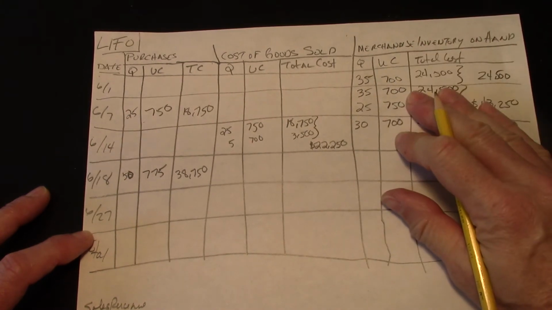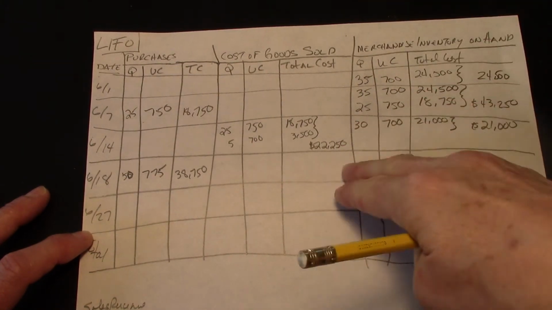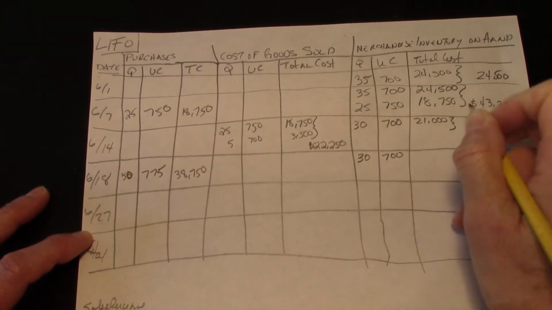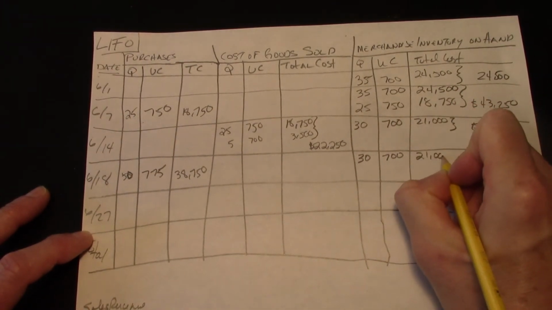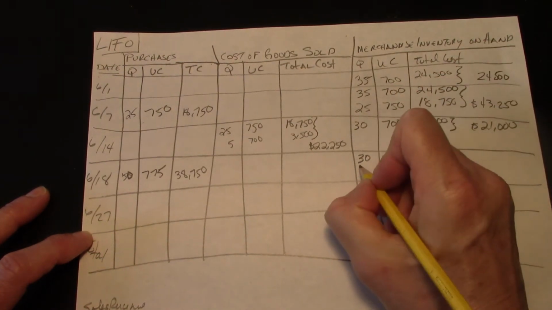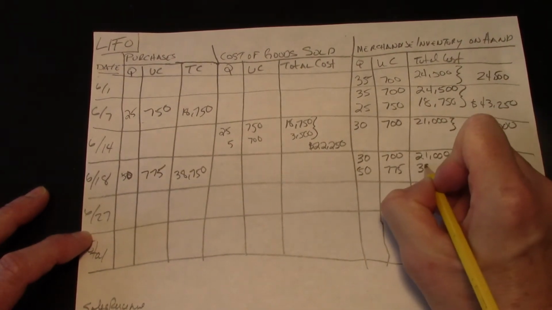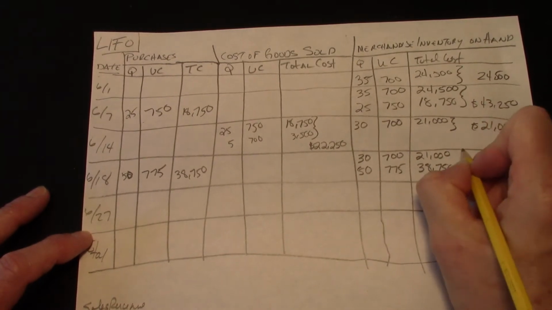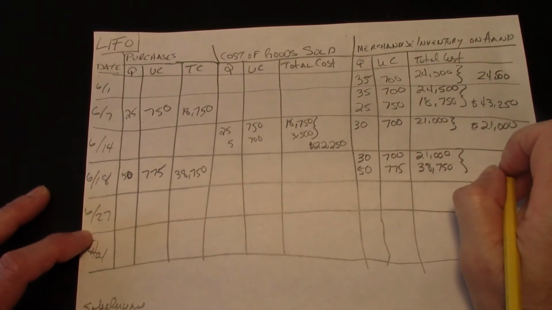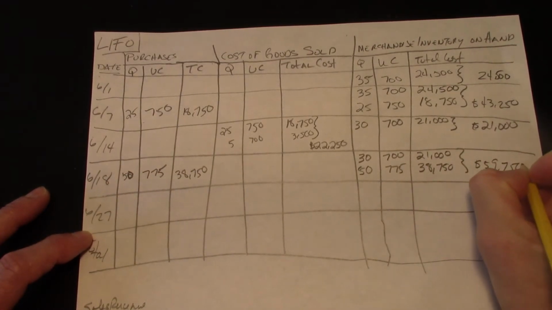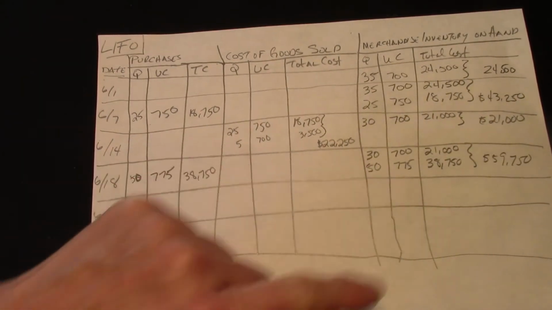And we've got to update. So first in is these, so keeping them in order, 30 at 700 is 21,000. Now we've got these 50 at 775 for 38,750, and of course you add those together and they're 59,750. Okay, so here's our inventory now.